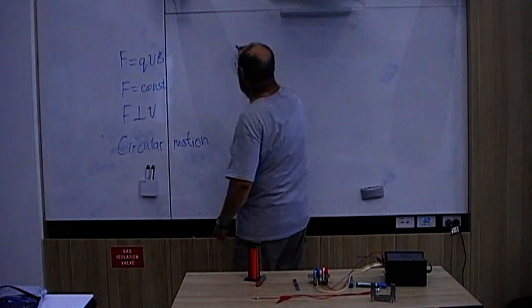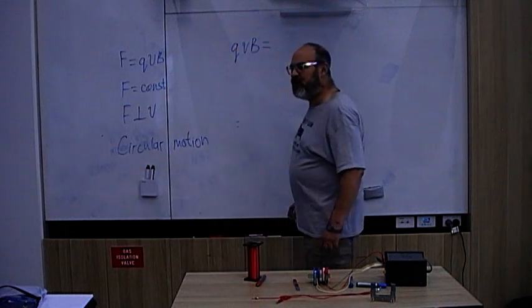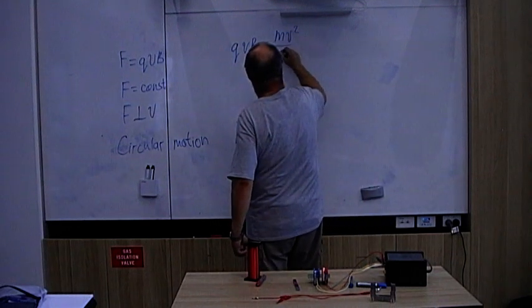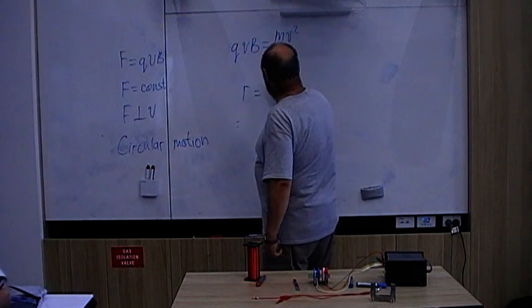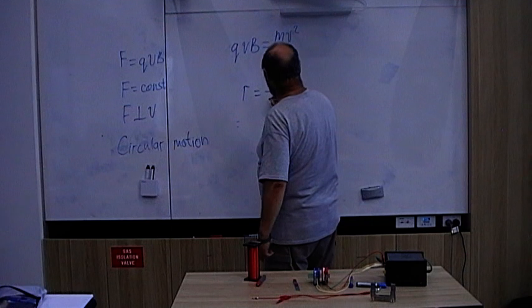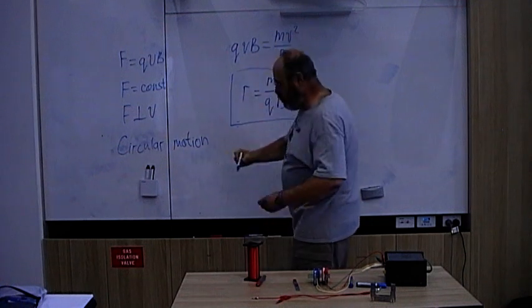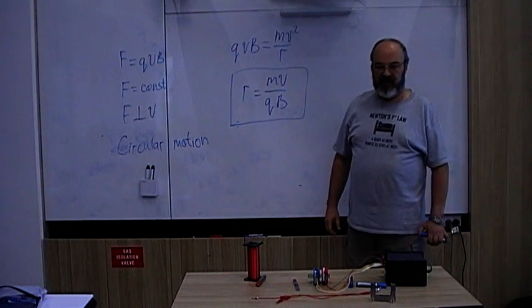So we have QvB equals what, the formula for centripetal force? mv squared over r. Rearranging it, we get r equals mv over qB. That will be the radius of the charge's path in the magnetic field.